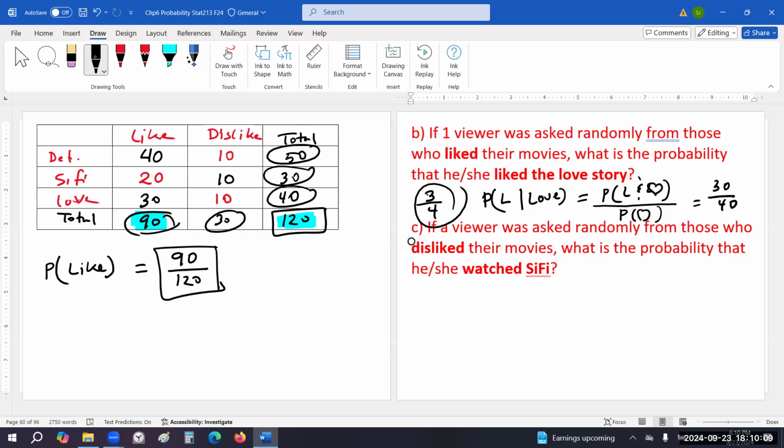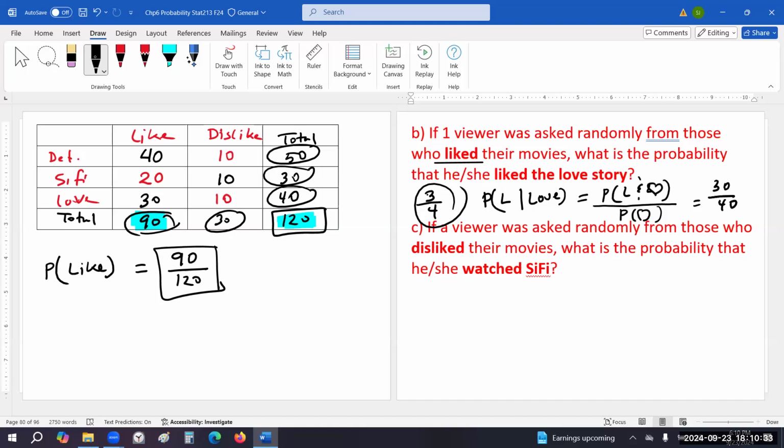Who is confused? People who liked. Oh, it's the other way around, right?